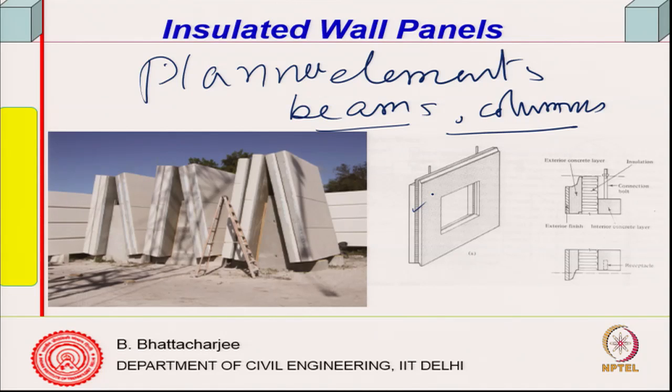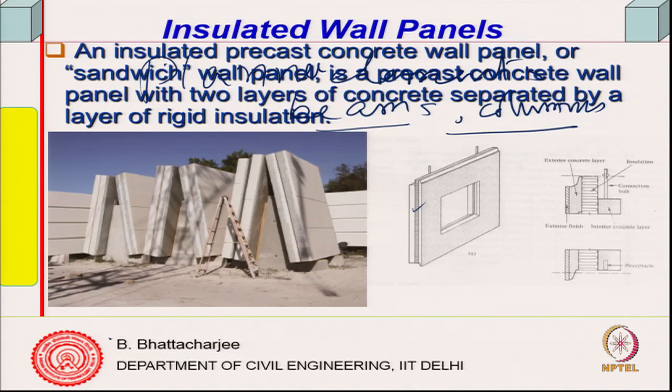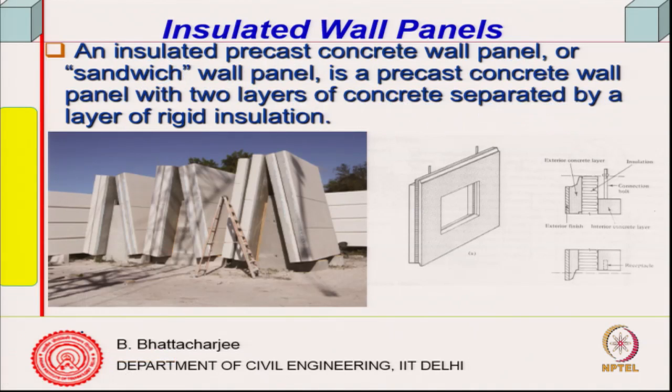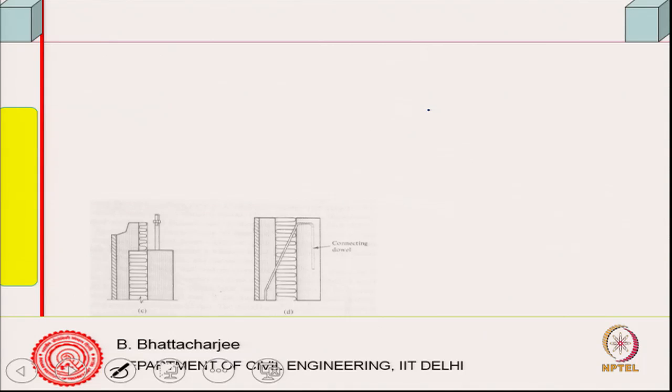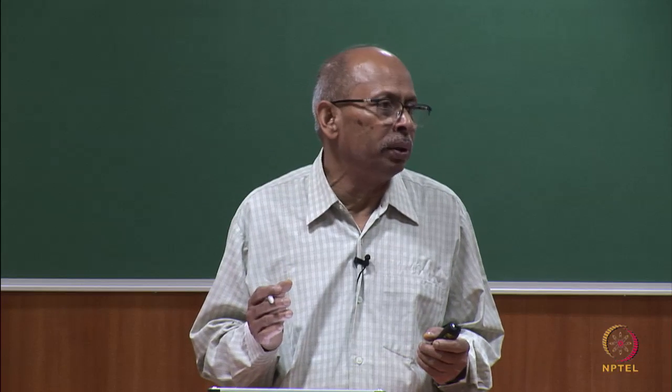Now, an insulated precast concrete sandwich wall panel is a precast concrete wall panel with two layers of concrete separated by a layer of rigid insulation. Now, I will come to this, but consider this sort of a thing. Their purpose normally would be to take the local wind loads.